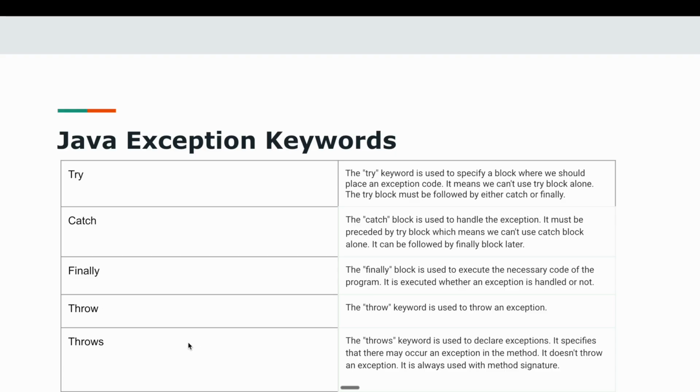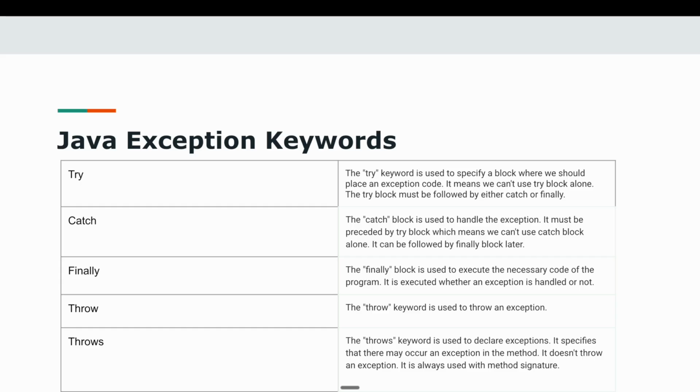And the last one is throws. So throws is another keyword that is used to declare the exception. It says that there may occur an exception in the method, and you are not throwing an exception, but it is used with the method signature. So on the method level, you can use this throws keyword to declare the particular exception.